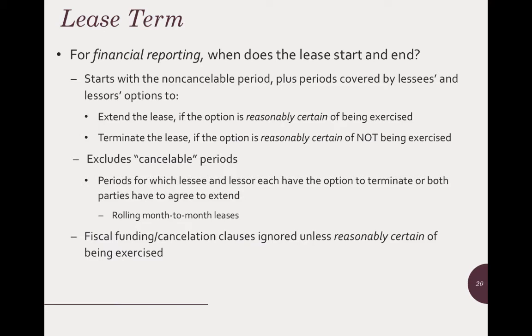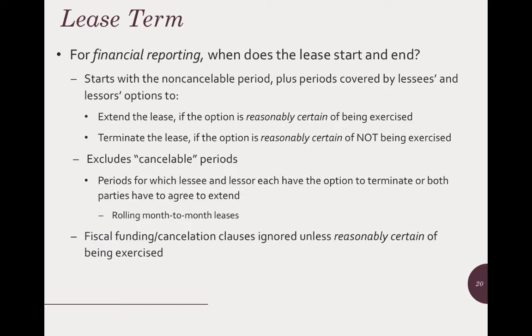If there are options to extend and it's reasonably certain that option is going to be exercised, then that period covered by the extension should be included in the lease term. If there's an option to terminate the lease and that option is reasonably certain of not being exercised, then it's not going to shorten the lease term.